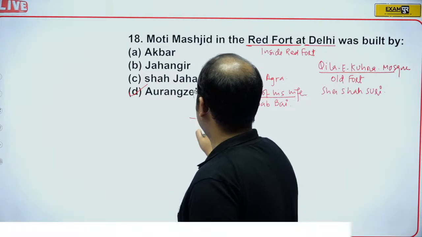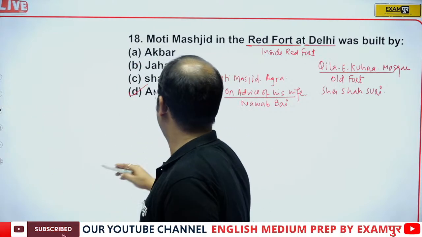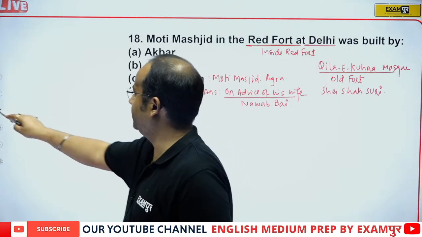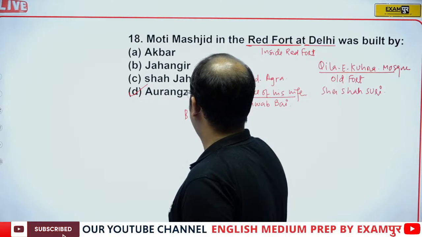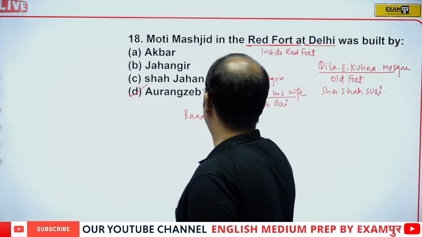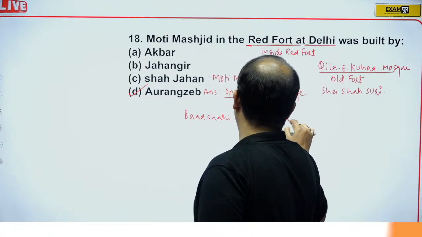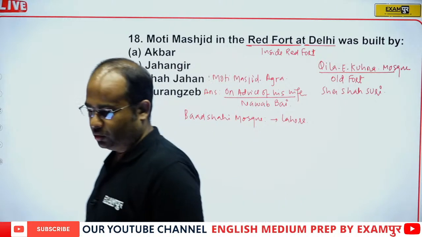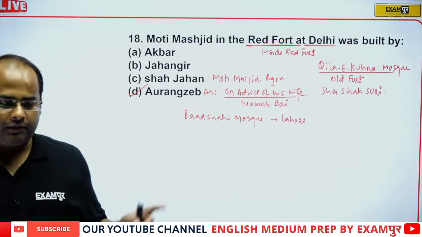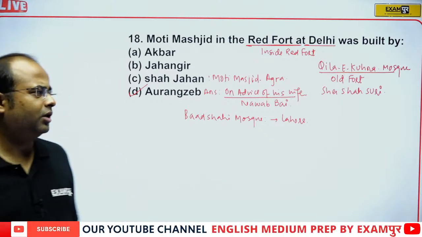And Aurangzeb also constructed the Badashahi Mosque in Lahore. So the correct answer will be, guys, what? It will be option D, that is Aurangzeb. And it is a very simple Mughal architecture.